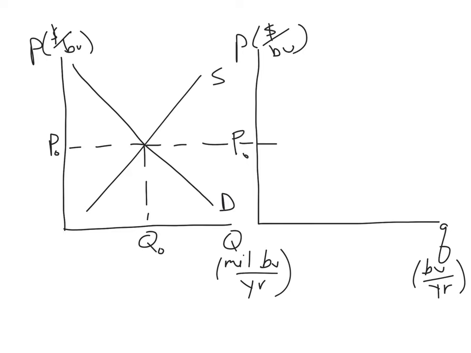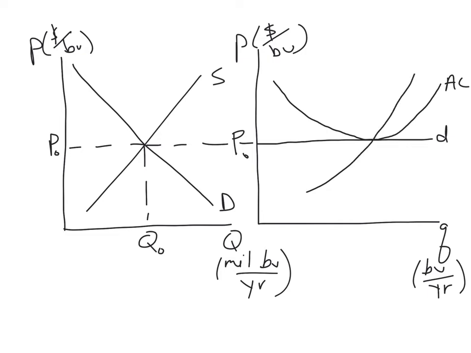And remember that the long-run equilibrium happens where firms are making 0 profits. So their average cost curves are like so, and their marginal cost curves are like so, and their output decision is at Q naught.